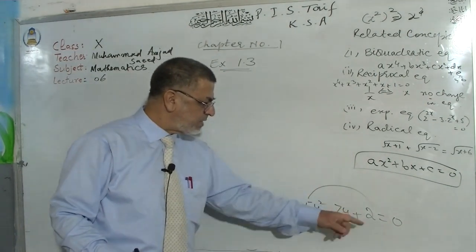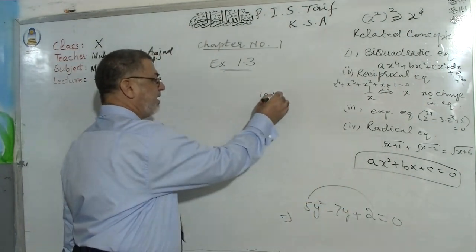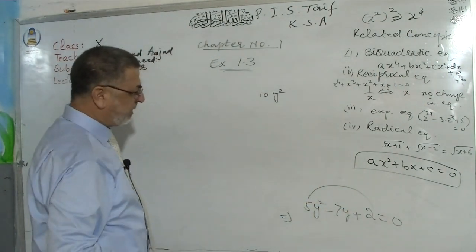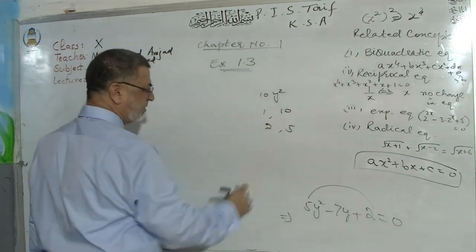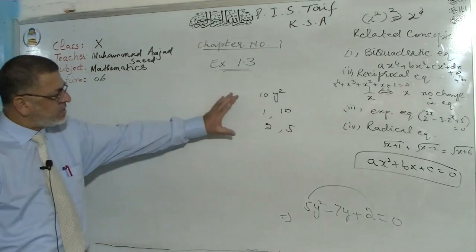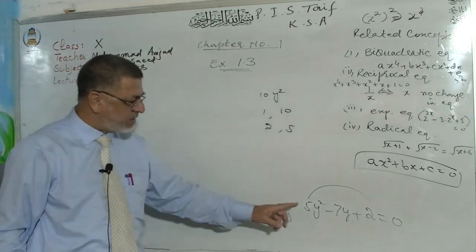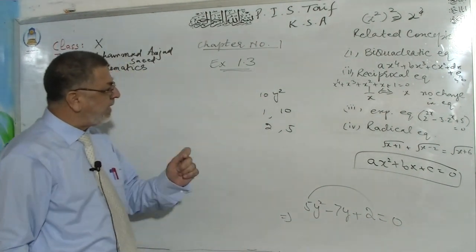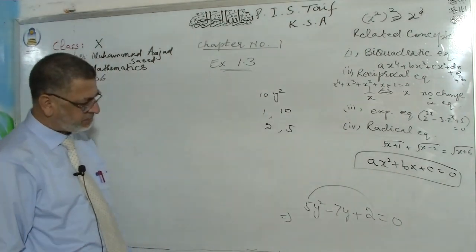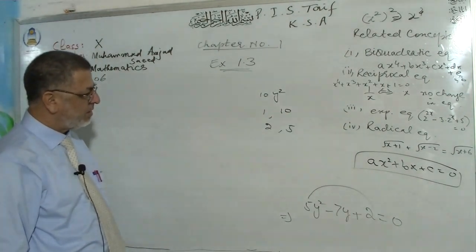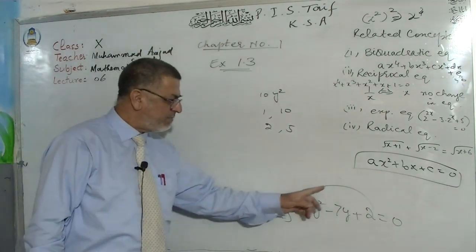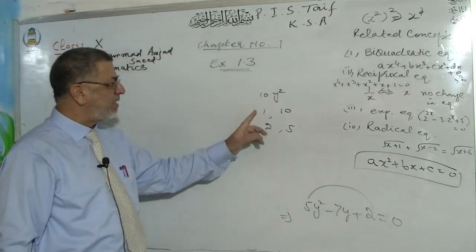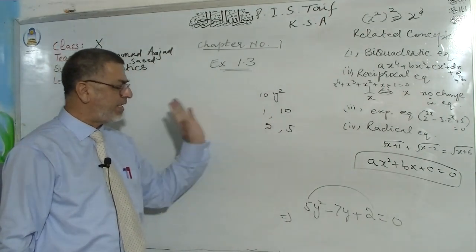This is 5 times 2, 10y square. You have to make the pairs, 1 and 10, 2 and 5. Now you can check which pair makes 7 by adding or subtracting. Again, I am repeating, multiplying first and last, that is 10y square, we have the pairs 1, 10 and 2, 5.